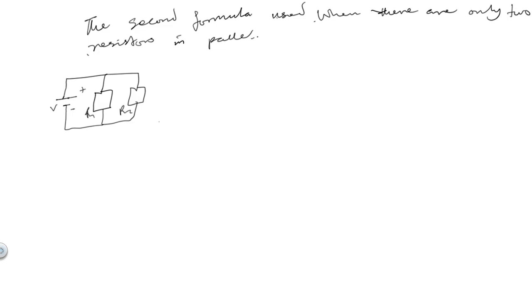So what's RT when there are only two resistors? The second formula to use is R1 times R2, multiplication, all over R1 plus R2. That's what we use. In the following illustration, we would have two resistors as I've shown, each of different values.